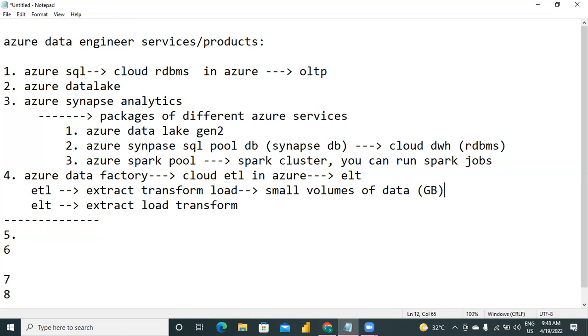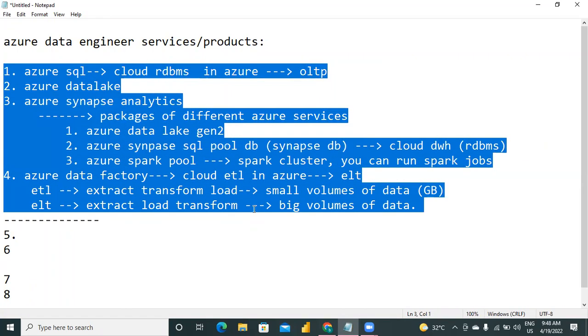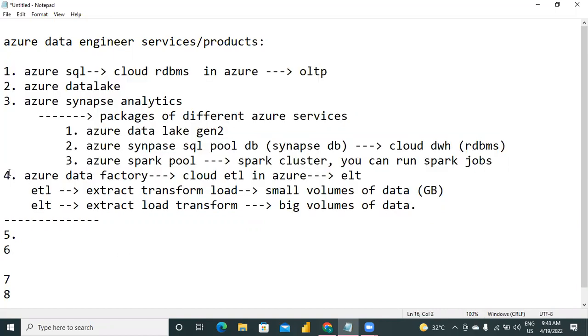That's why we go with the ELT style, which is suitable for big volumes of data, maybe TBs or hundreds of terabytes. So about these 4 products we discussed yesterday. Even though you are an ADF developer, you will have to interact with all other products, so you should get an idea about them.